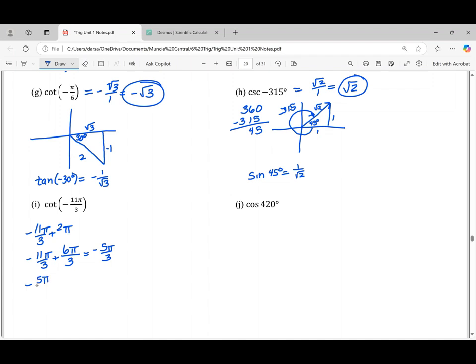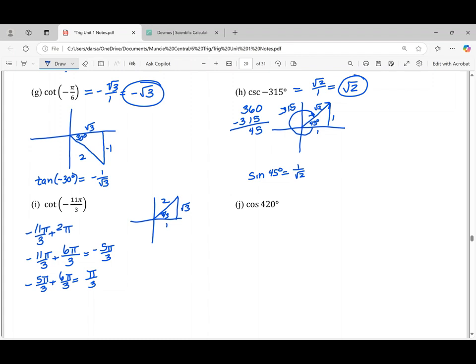So negative 5 pi over 3 plus 6 pi over 3. Well, guess what that is? That's just 1 pi over 3. So the coterminal angle that we're looking for is just pi over 3, which is 60 degrees. So this is a 1, 2, square root of 3 triangle.